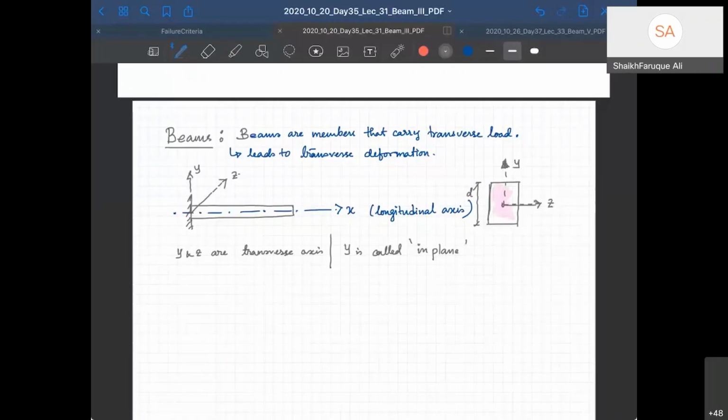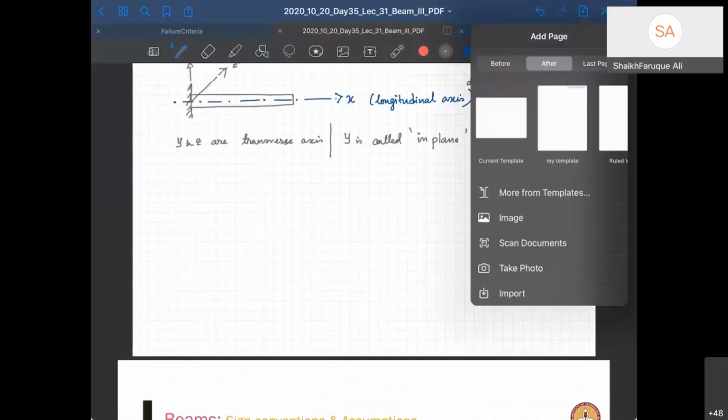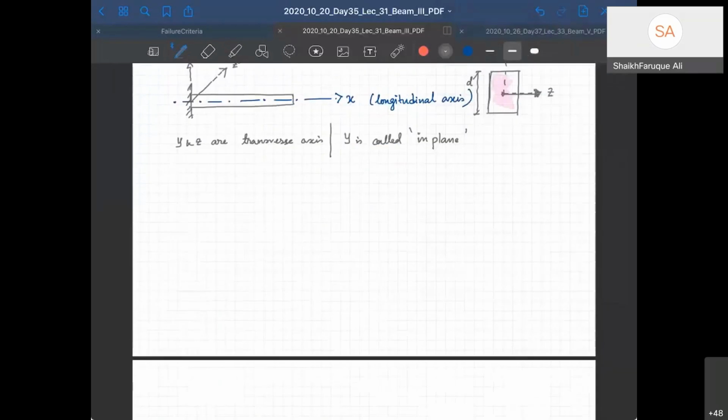Yes. So when I have a beam, if I draw a beam in a little bit bigger or exaggerated format, right? So let's say this is the beam. Okay, let's say there is some support here.